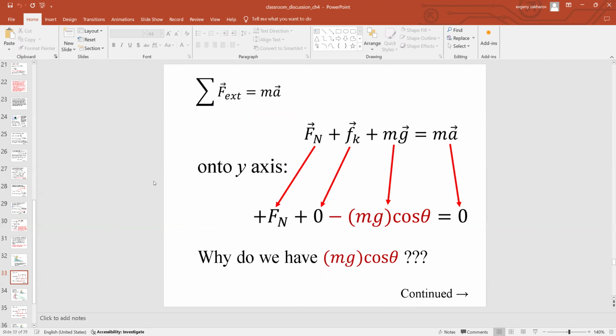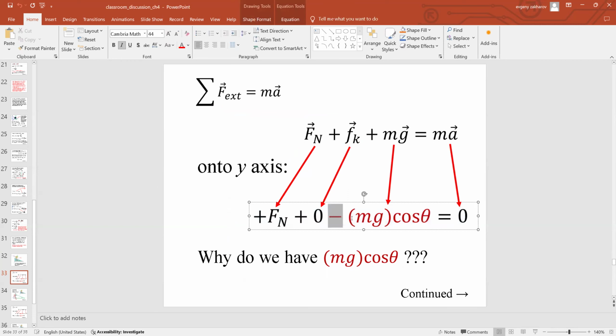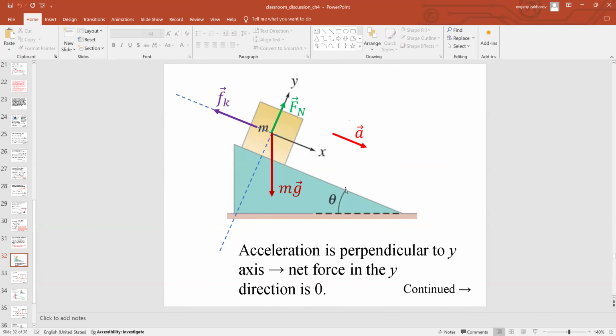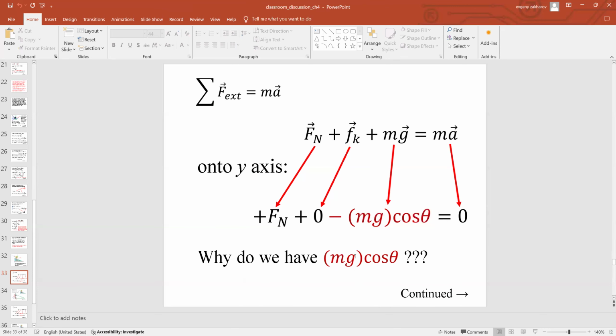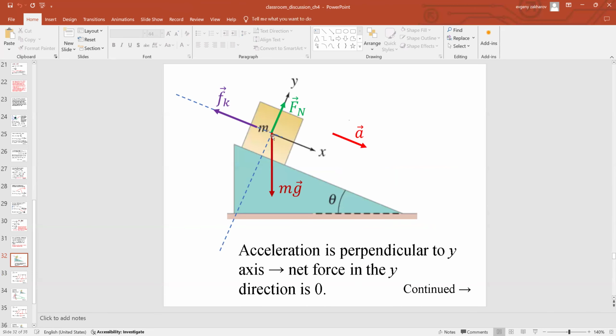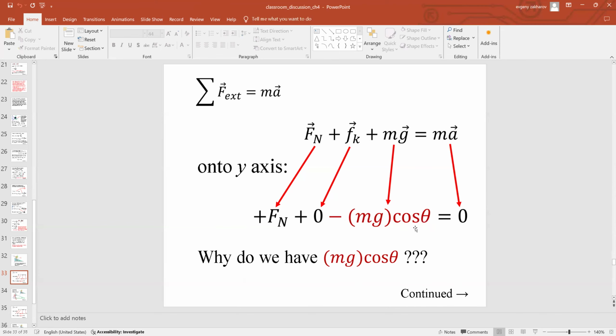And let's take a look at the trigonometry of the case. You can see it's negative gravity times the cosine of the angle that the incline has with the horizontal. Let's ask a question. Why is it a cosine? It's easy to understand why it's negative, because the component is pointing downward, opposite to upward, positive y. But why is it a cosine theta?